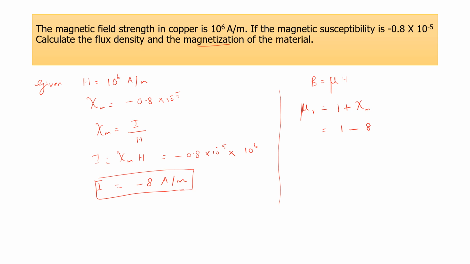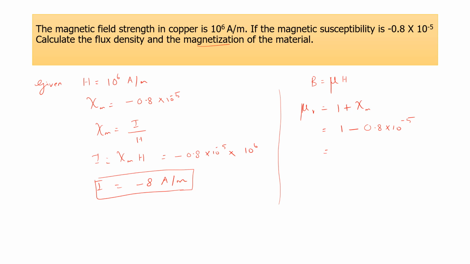It is 0.8 into 10 power 1, so 8 ampere per meter is correct. See here, what has to be put? Chi m is what? Minus 0.8 into 10 power minus 5. That is the thing. Okay. Sorry for making a mistake.